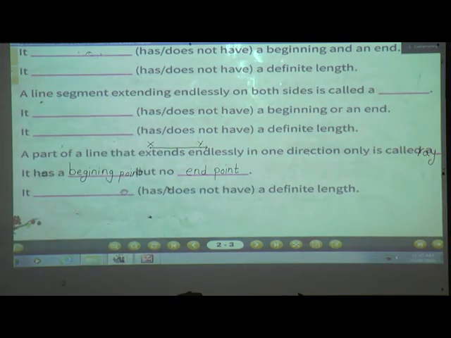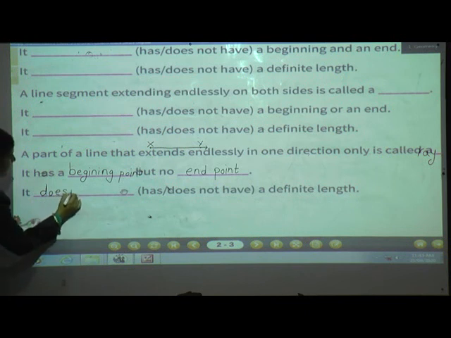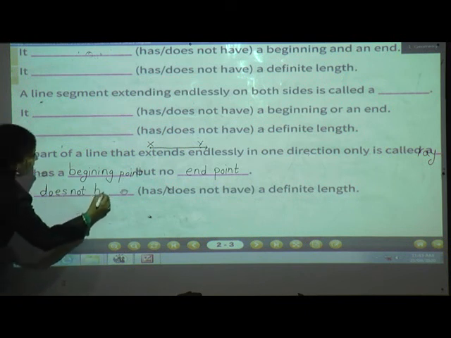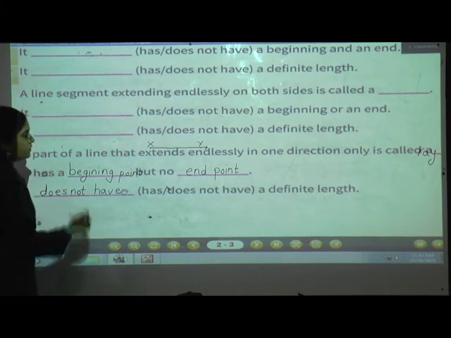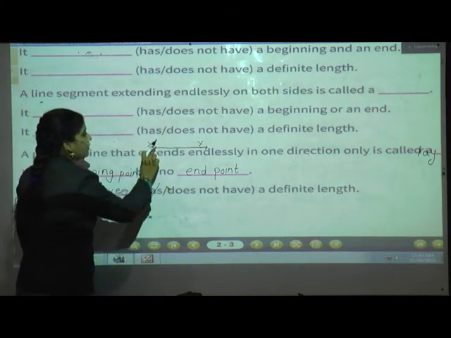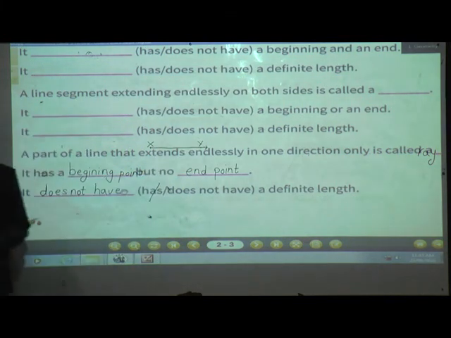Next one, it does not have a definite length. What is the answer, students? It does not have a definite length, because we can't measure it properly.